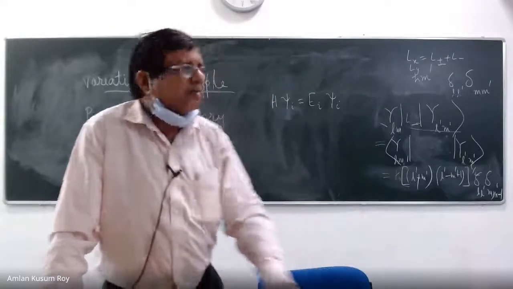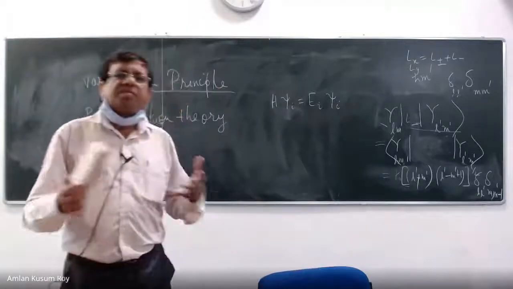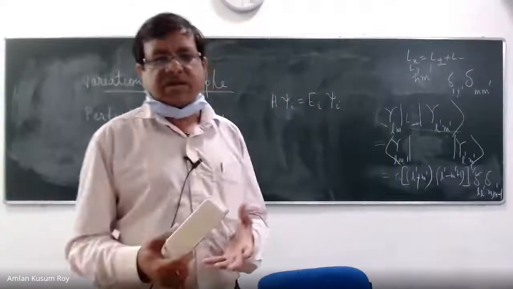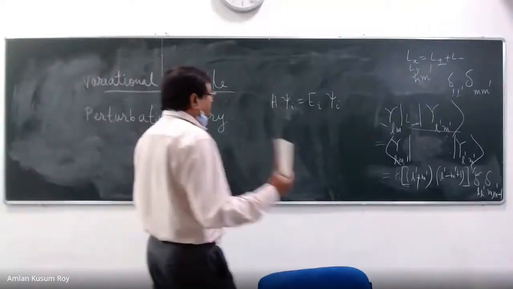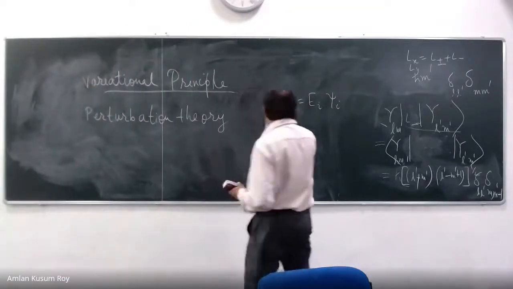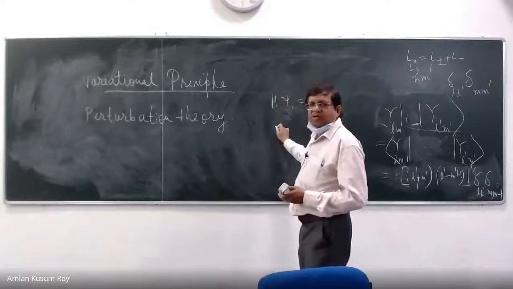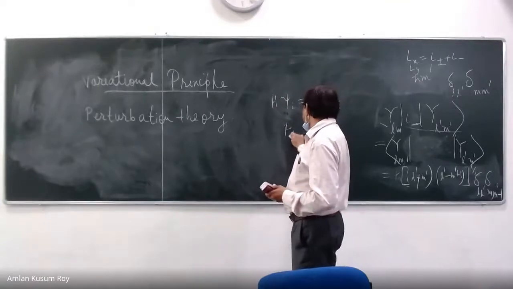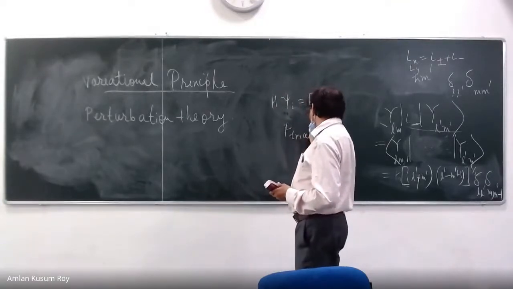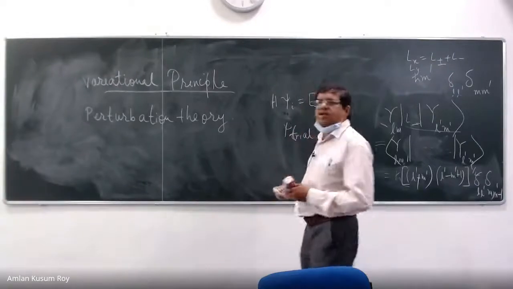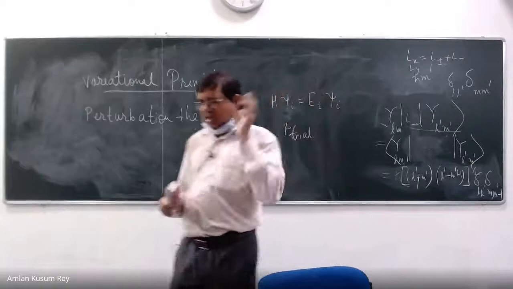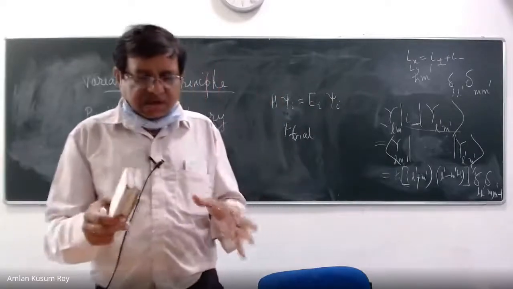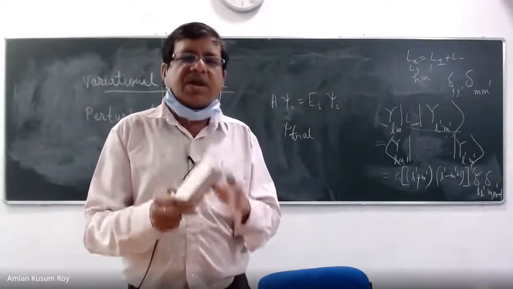That means by some ingenuity or hard work or skill, you have developed something and found a solution. So that means a trial function. You have the solution in the form of a psi trial.